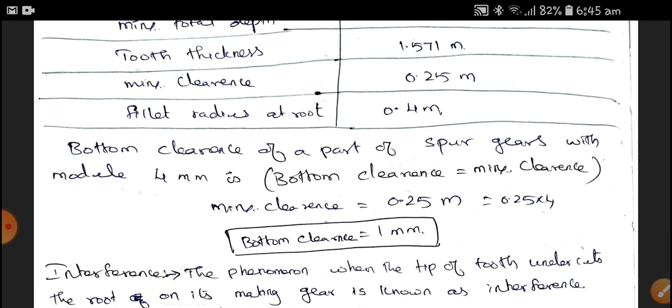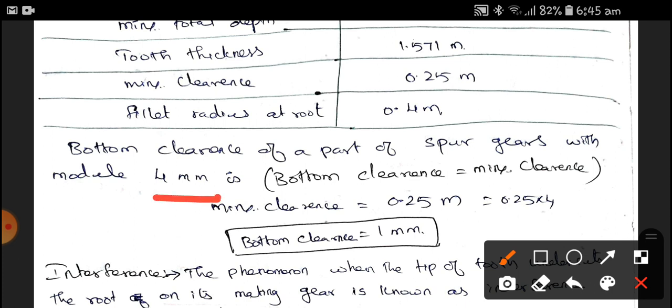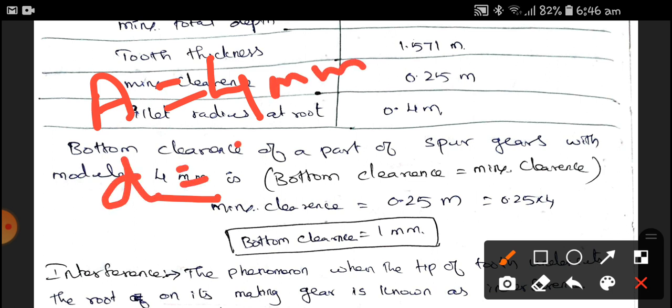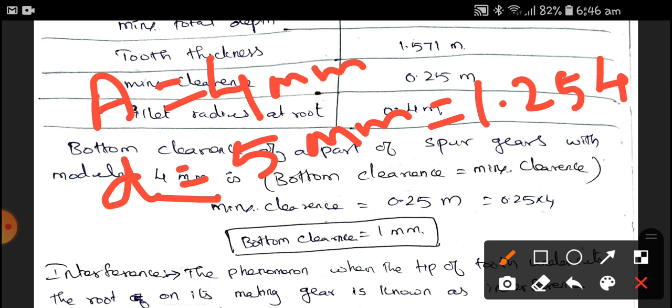So in this condition we can easily demonstrate how to find the different terminologies by means of a module. If the module is 4, and I want to calculate addendum, that is 4 millimeter, whereas the dedendum is 5 millimeter, because it is 1.25 times 4, therefore 4 into 1.25 is equal to 5.